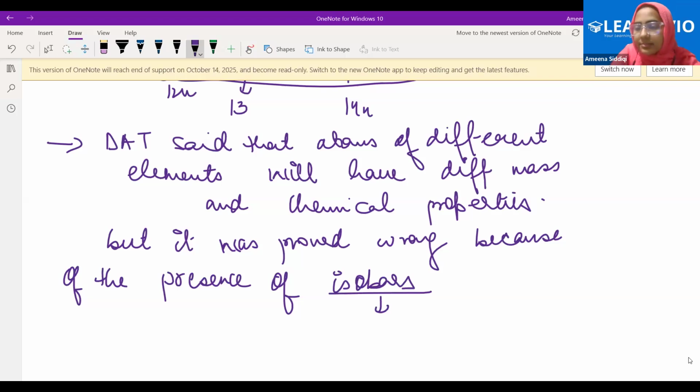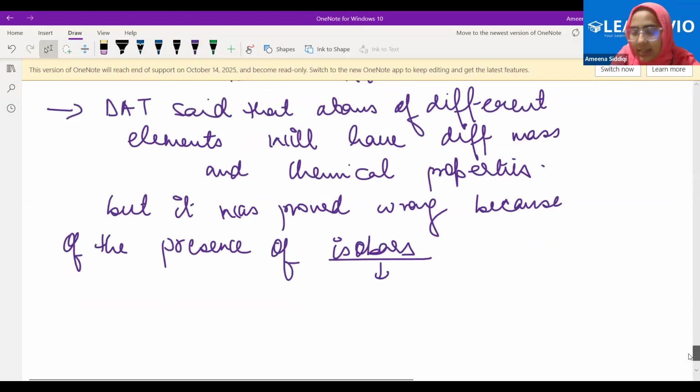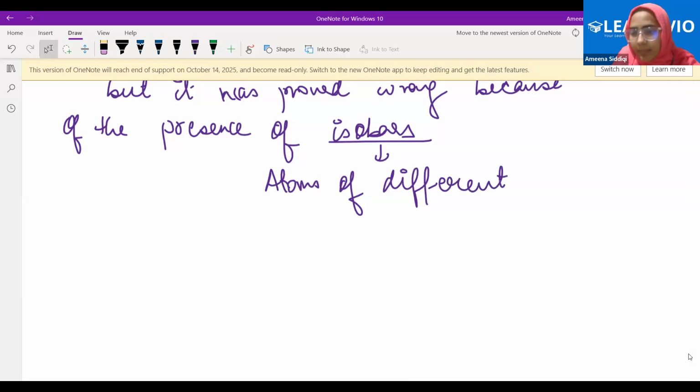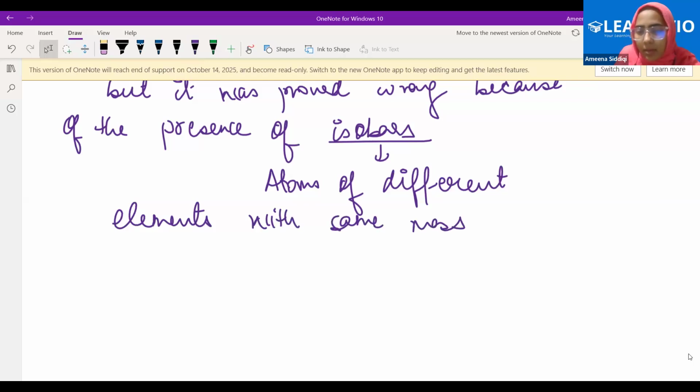What are isobars? Atoms of different elements with the same mass. Example, calcium and argon.